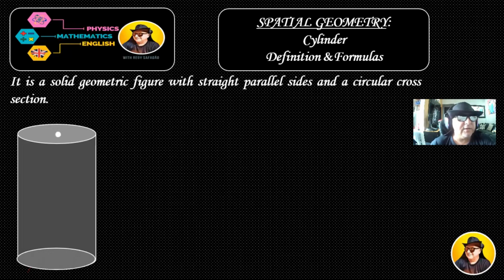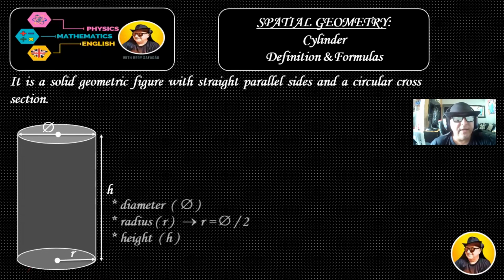You can see a central point upper and down here. Then we have the universal symbol of diameter. Radius is R, and the height.